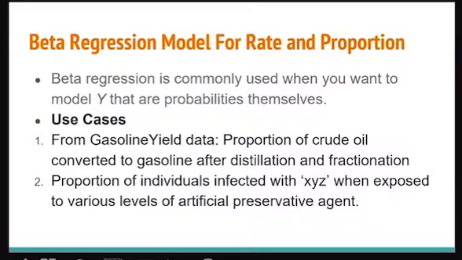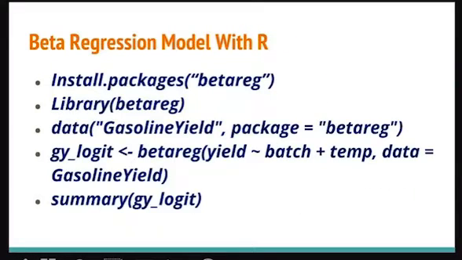Now I want to focus on the screen. If I want to run beta regression in R, what kind of package do I need? You need betareg. You need to install a package called betareg, and you also need to load betareg.